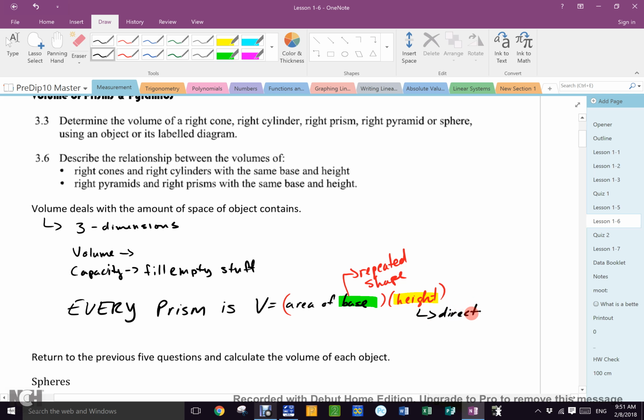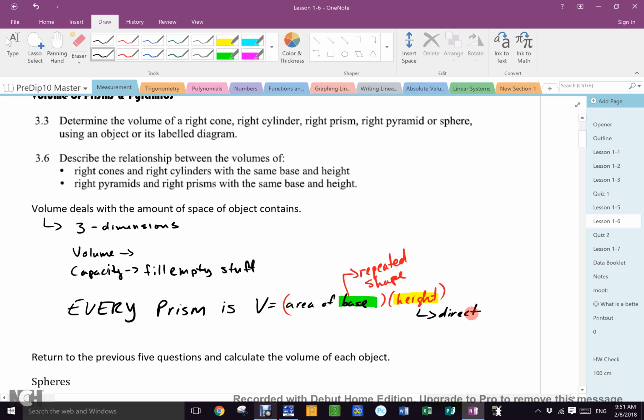Now, you guys aren't stupid. We also talked about pyramids, yes? We know pyramids are very closely related to prisms, aren't they? Right? What part of a pyramid and a prism are the same? The base area, right? So if we're doing volume of a pyramid, what part of that equation do you think is the same?